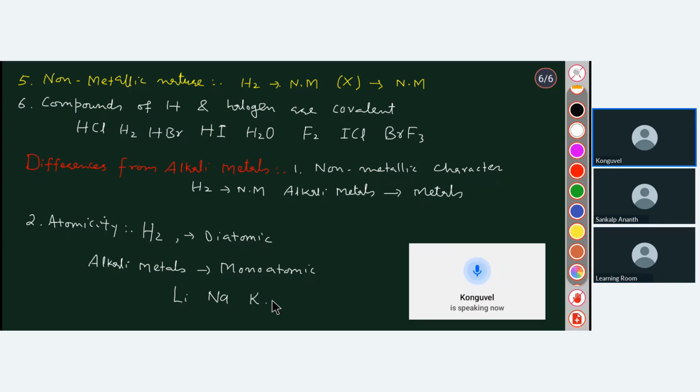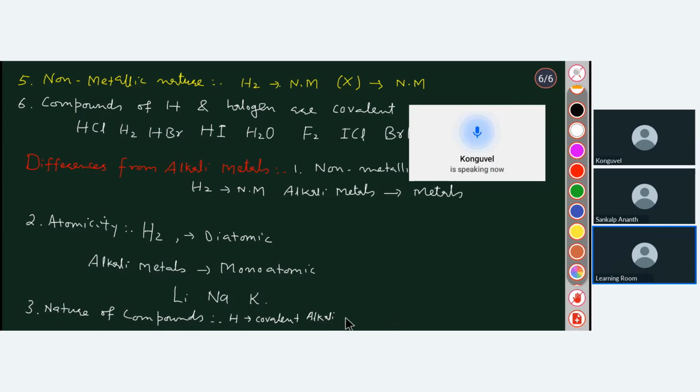Yes, sir. What is the next difference? That is the nature of compounds. Hydrogen forms covalent compounds, but alkali metals always form ionic compounds.